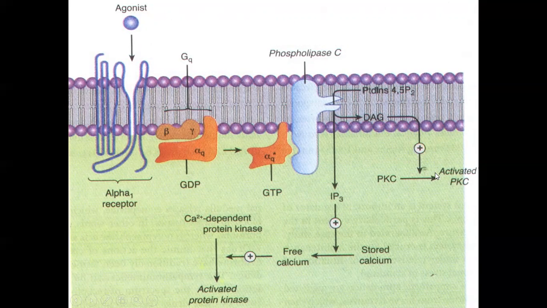Diacylglycerol activates protein kinase C. However, in the phosphoinositol system, IP3 is mainly liberated. It acts on the stored calcium and makes it free. This free calcium has an effect on the calcium dependent protein kinases, so the activated protein kinases are formed and the biological effect is produced.